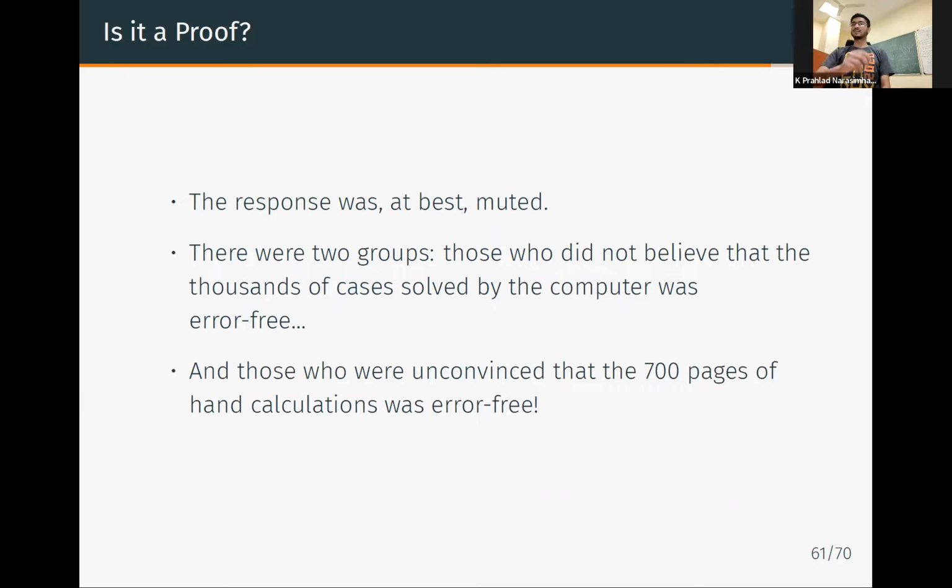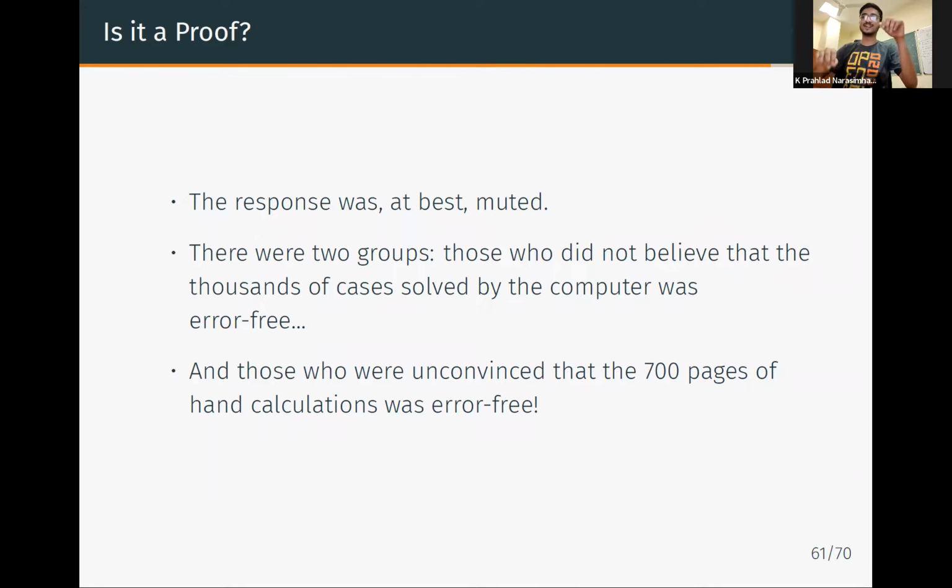There was another group which was unconvinced that the 700-odd pages of hand calculations were error-free. When Haken's son, who was at that point a PhD student at UC Berkeley, was giving a talk, he noticed that these two groups were correlated with age. The younger ones were unconvinced that the handwritten work was error-free.